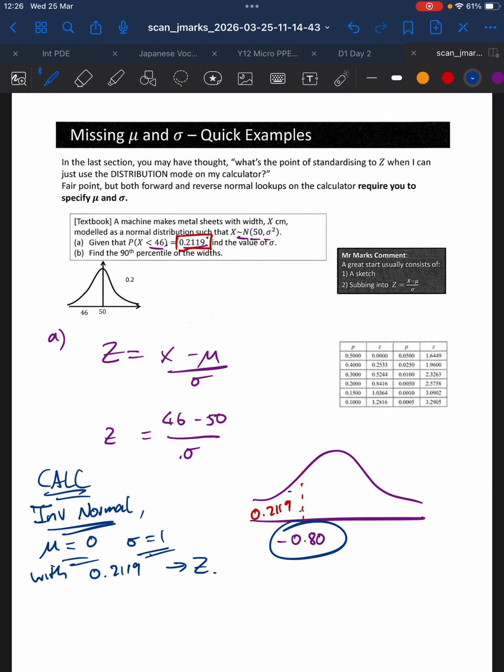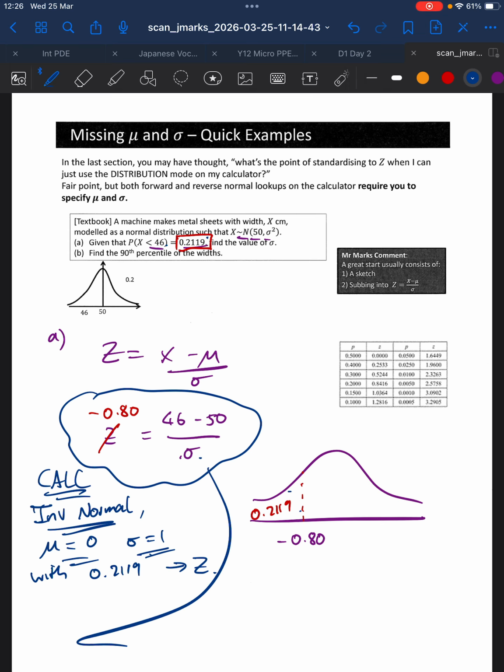I can use that to find the Z value, and then it means that I can sub this value in here. Okay, and you can now see I've only got one piece of information that I haven't found out. So I can work from here to finding out my standard deviation, and it should give me 5.